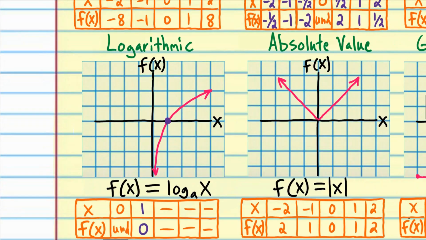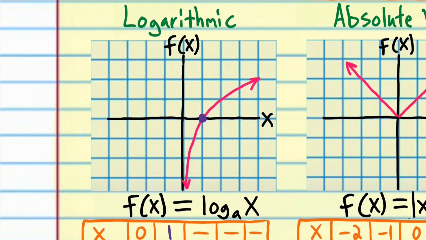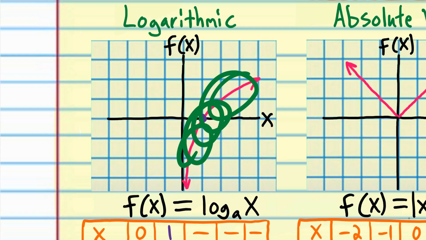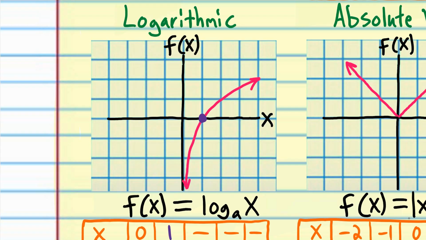Now, the y values of the points on this graph are the set of all real numbers, because this graph goes up and up and up indefinitely, and it goes down, down indefinitely, which means that the y values can be negative numbers, positive numbers, or they can be 0.